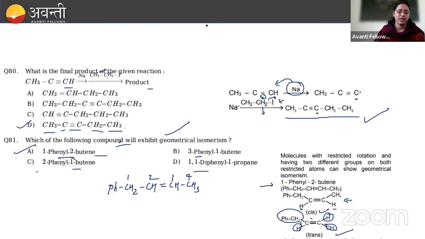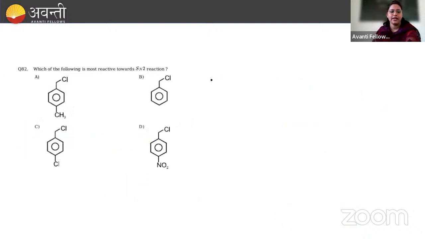Okay, let's move on to the next problem, problem number 82. Which of the following is most reactive towards SN2 reaction? For SN2 reaction, we need to consider a substituent which is primary.